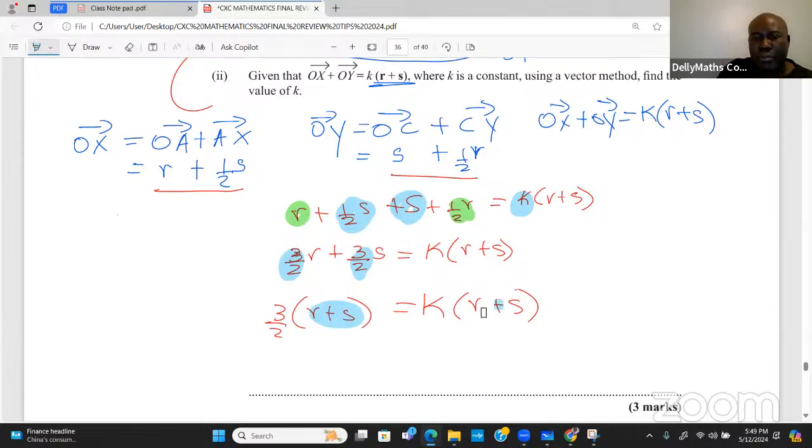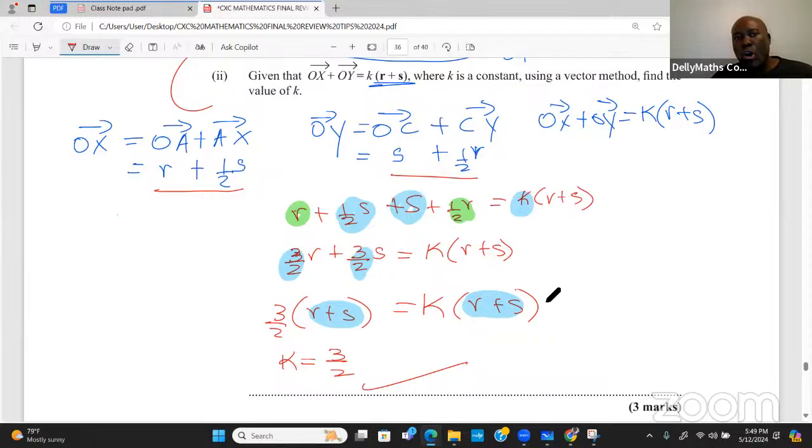You're seeing that R plus S is R plus S. Therefore, we can say K must be 3 over 2. Done. We're seeing that K is actually 3 over 2.